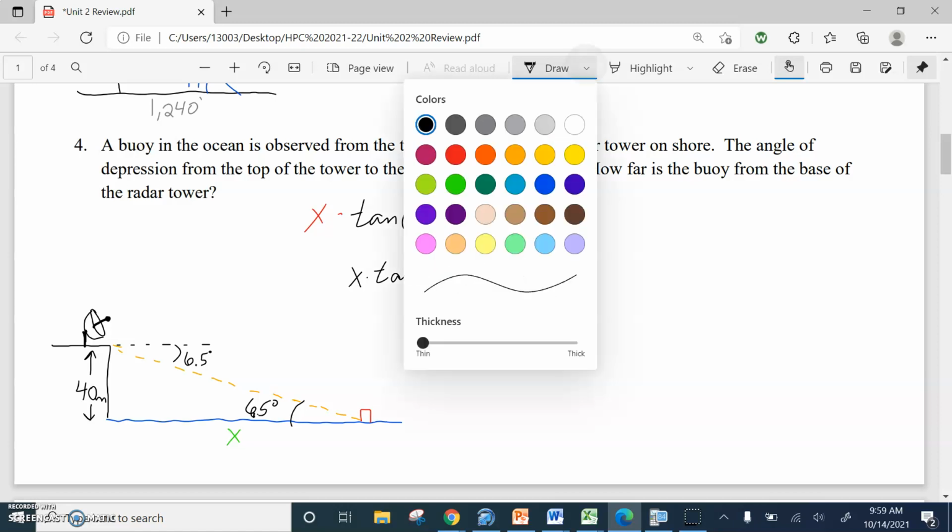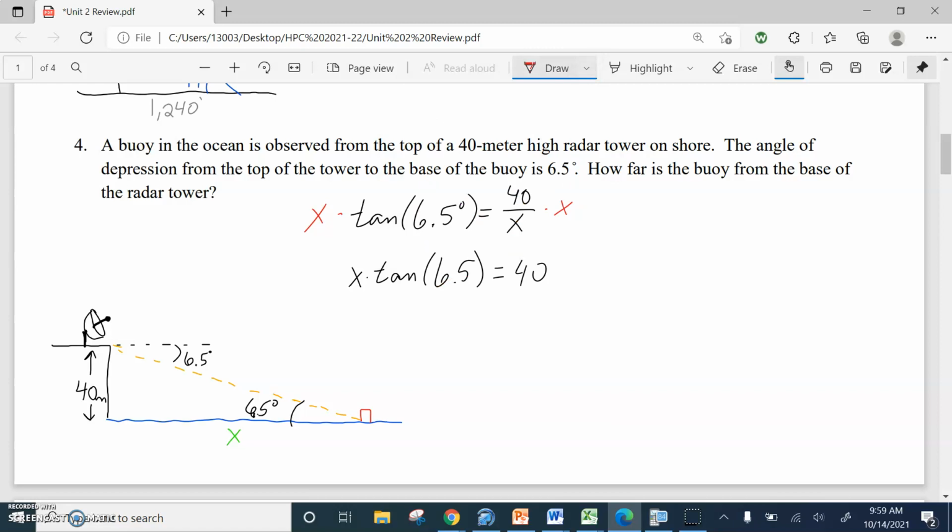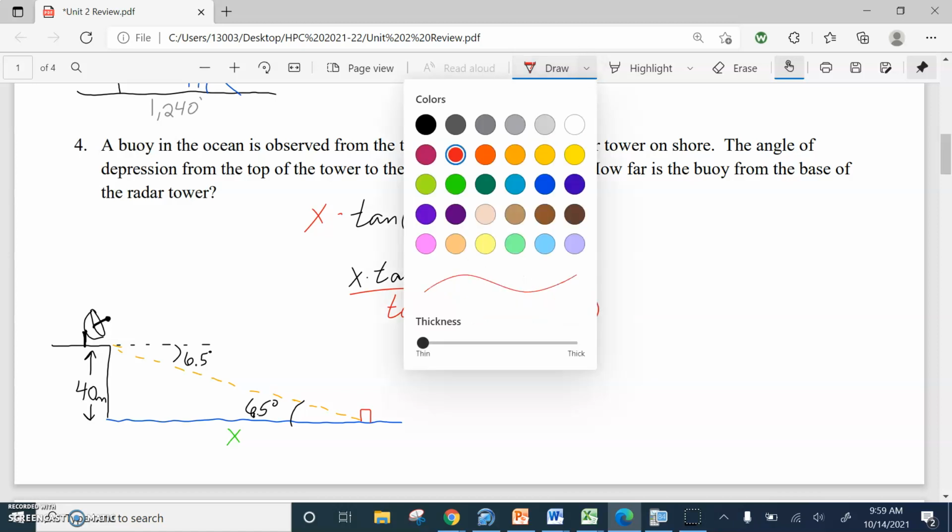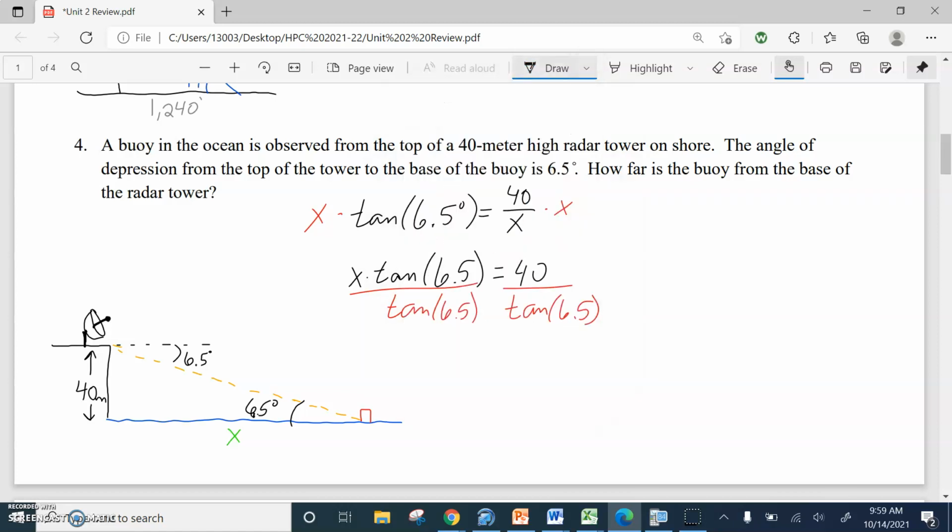Now I still want x by itself. I'm going to divide both sides by the tangent of 6.5. And I get x is equal to 40 divided by the tangent of 6.5.